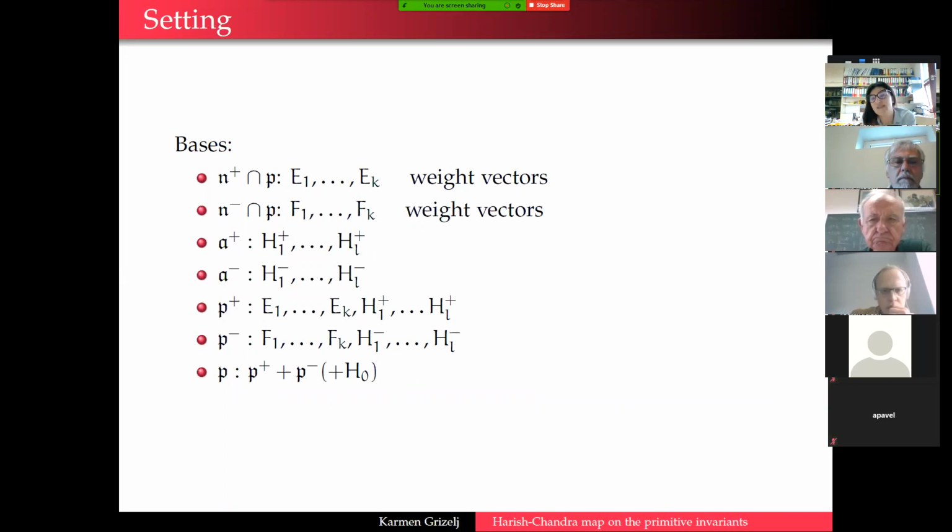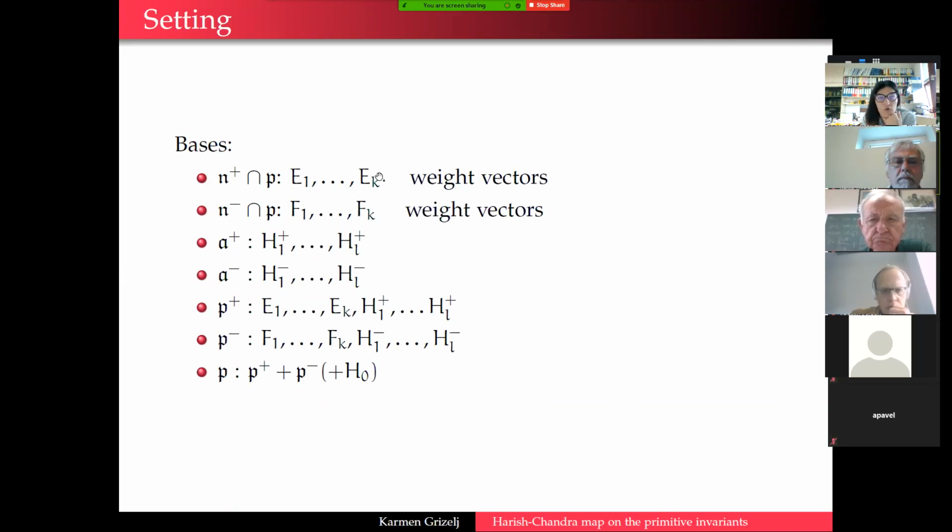I'm just saying this part for convenience; I actually omitted the parts of proofs where I'm explicitly using these bases.